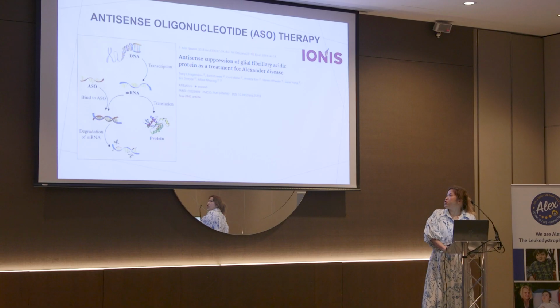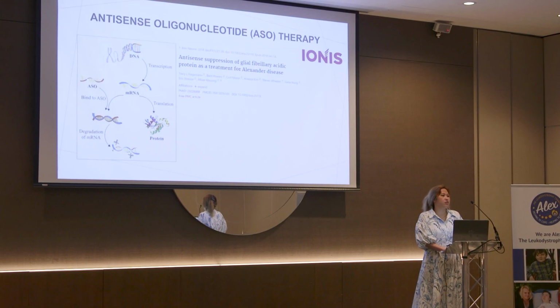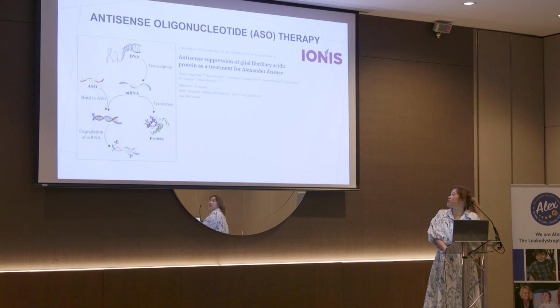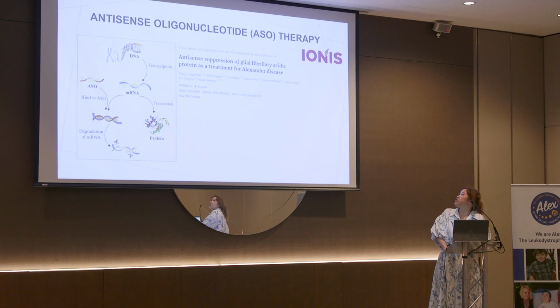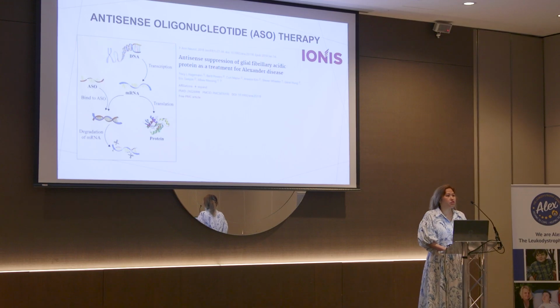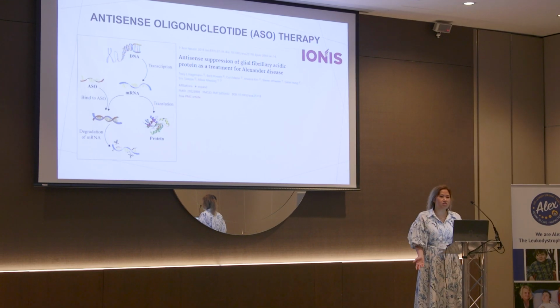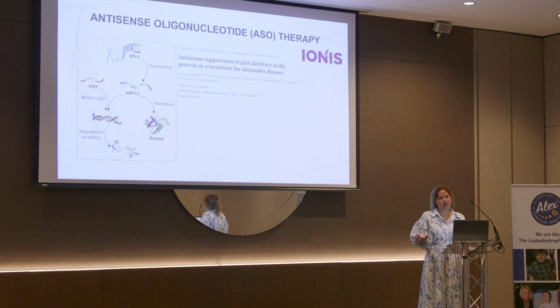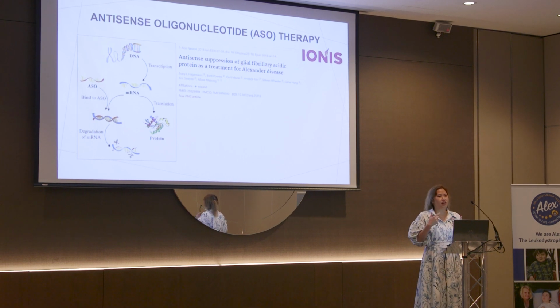To tackle this disease, Ionis has devised a drug called zilganersen. It uses a technology called antisense oligonucleotide therapy, ASO therapy. I'm trying to explain it in more layman's language. Let's say my aim is to bake a cake, and this recipe is in the library, and that recipe we will call DNA.